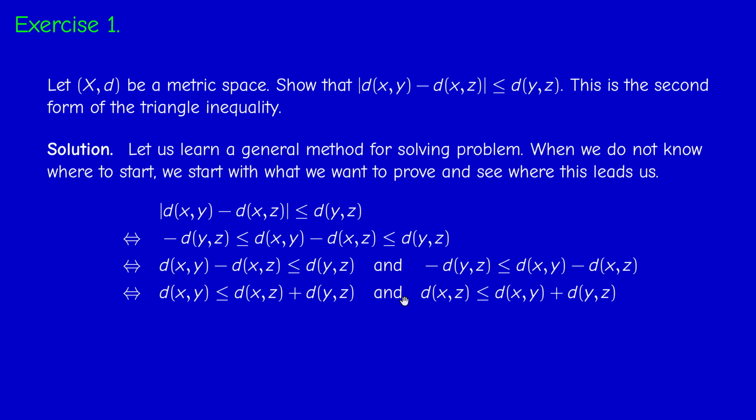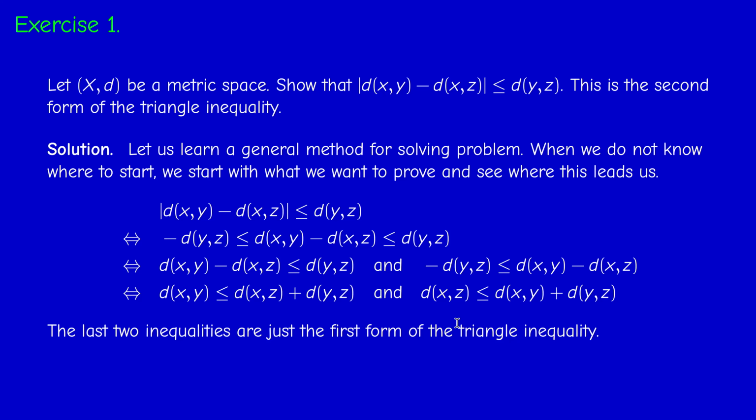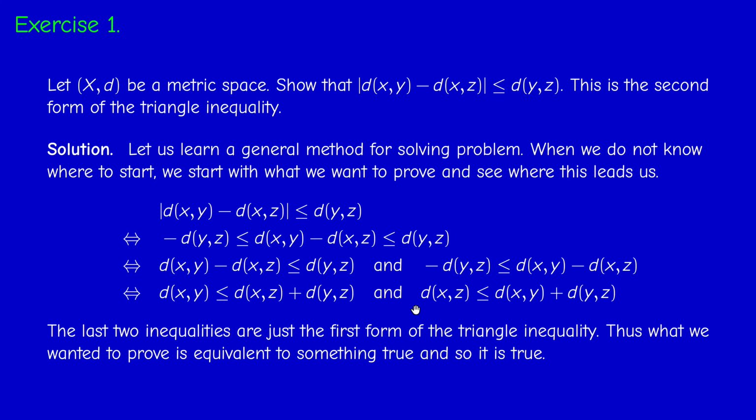And you should recognize here that these two inequalities express the same inequality, which is the triangle inequality, but with different symbols. So what we want to prove is actually equivalent to something true, and therefore this proves the second form of the triangle inequality. Okay, so very, very easy.